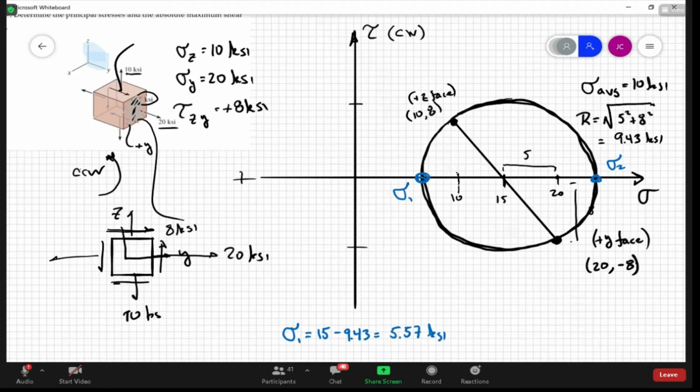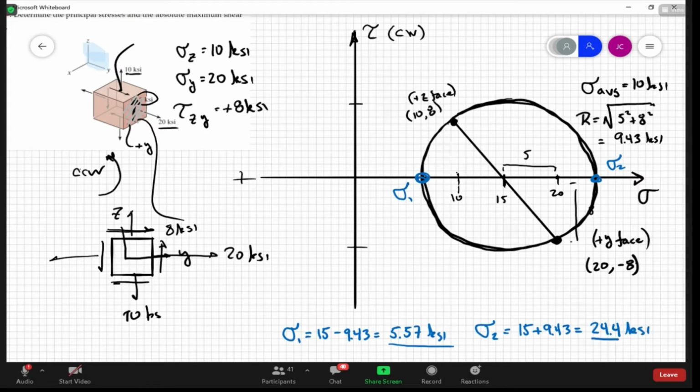I didn't do a great job drawing it, but that looks about 5.57, so that seems to be a reasonable check. That's the first principal stress. The second principal stress is going to equal the average normal stress, 15, plus the radius, the center point plus the radius. That gives me a value of 24.4 KSI.